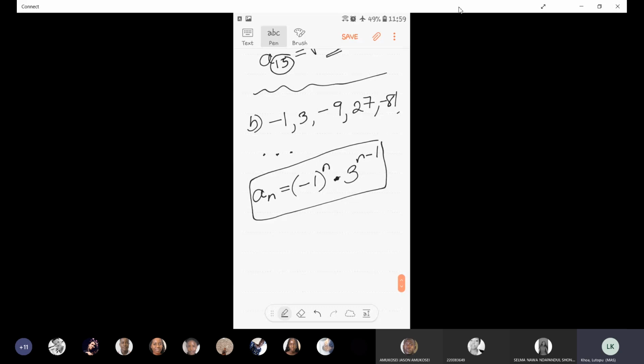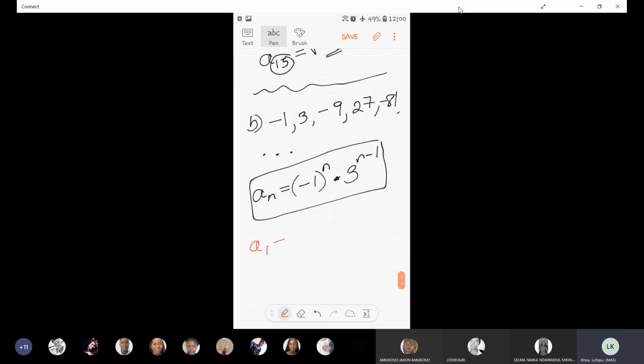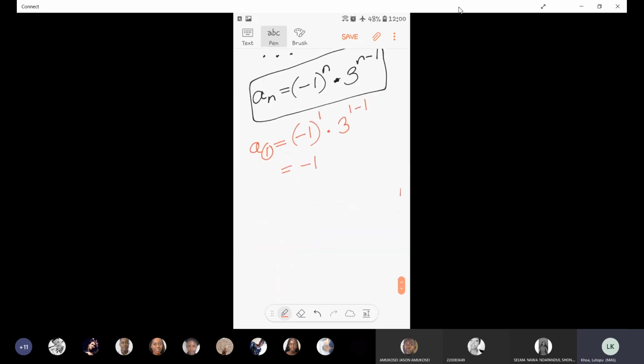If I look for a_1, this is equal to -1. My n is equal to 1, so I substitute 1. Then I multiply by 3 to the power of 1 minus 1. This is just -1 to the power of 1, which is -1, and 3 to the power of 1 minus 1 is 3 to the power of 0, which is just 1. So for the first term, that is fine.